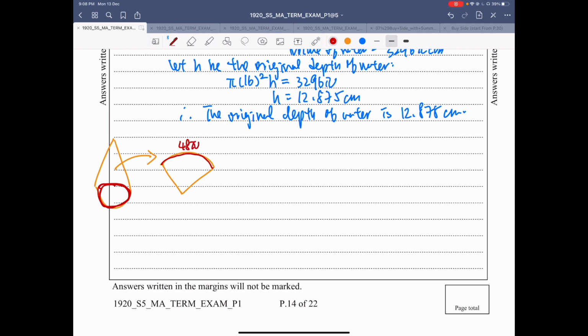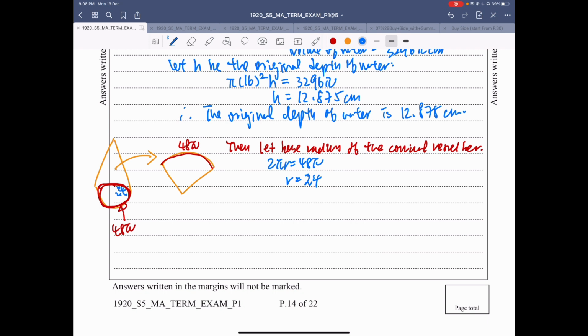So let the base radius of the conical vessel be r. 2 pi r equals 48 pi, so r equals 24. So the base radius of the cone is 24.